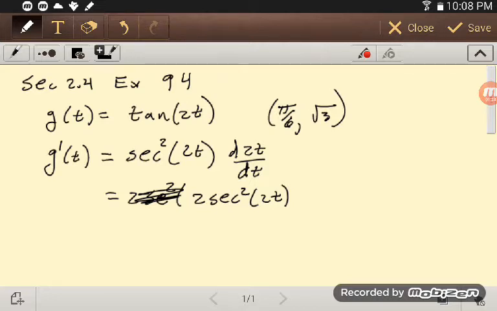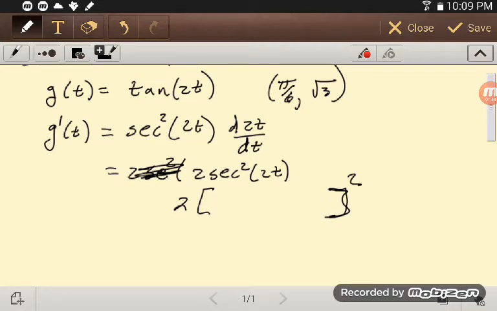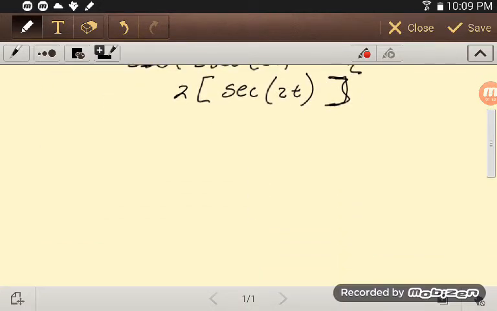And then this starts to get more complicated, you see, because now as I look at this, what I see is that I have 2 times something squared, and that something is the secant function of 2t.